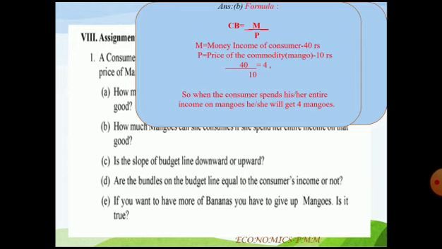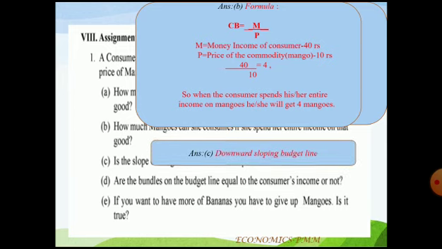Moving to the third one, that is question C. Is the slope of the budget line downward or upward? It is always a downward slope. If the consumer wants to spend more on one commodity, he has to sacrifice the other commodity. So that is the reason why the budget line always slopes downwards.